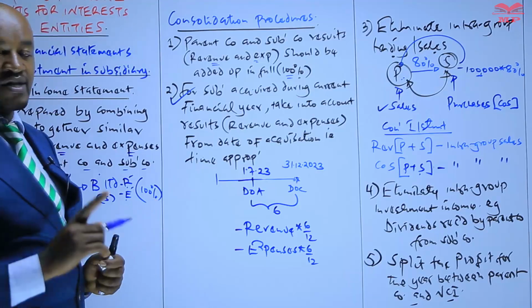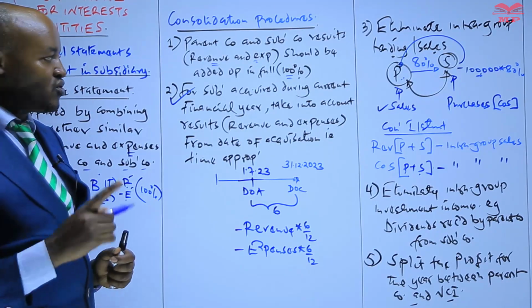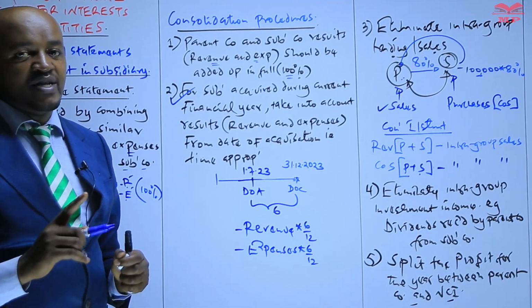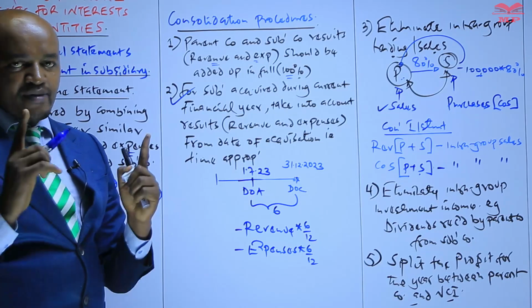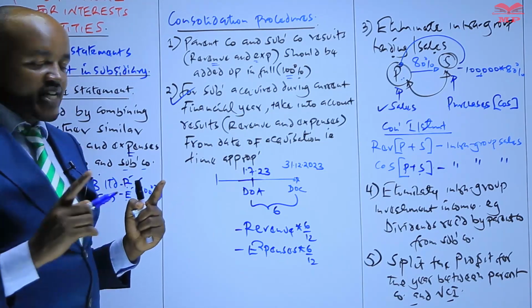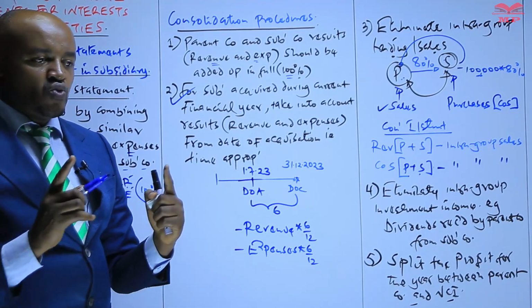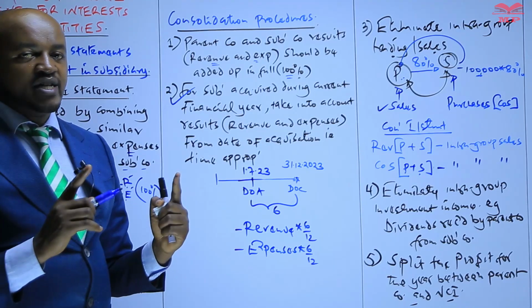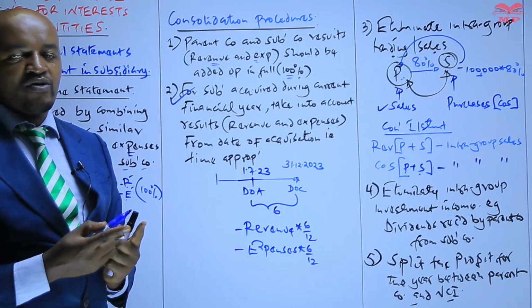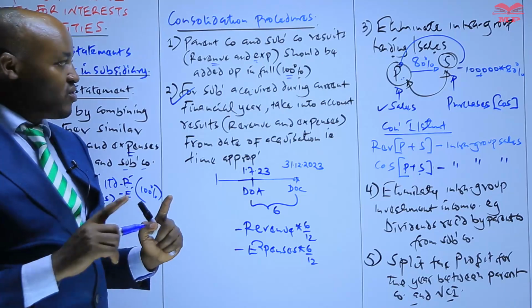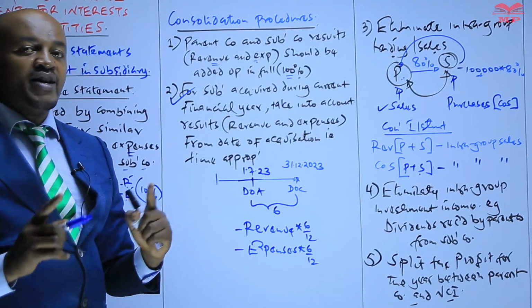Basically, the profit for the year which will be included in the consolidated income statement is always 100%. But the parent company is not entitled to the full amount of the profit reported by the subsidiary, because in the subsidiary we also have other shareholders.